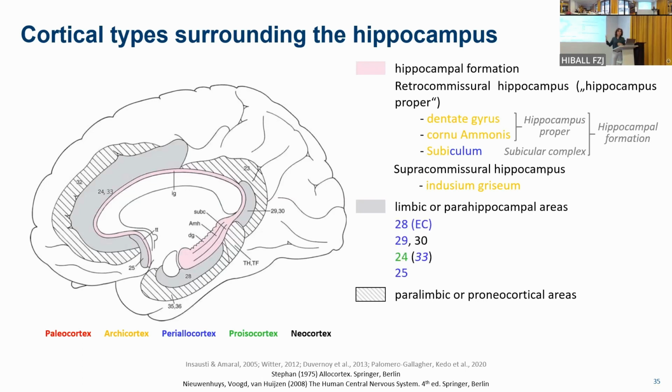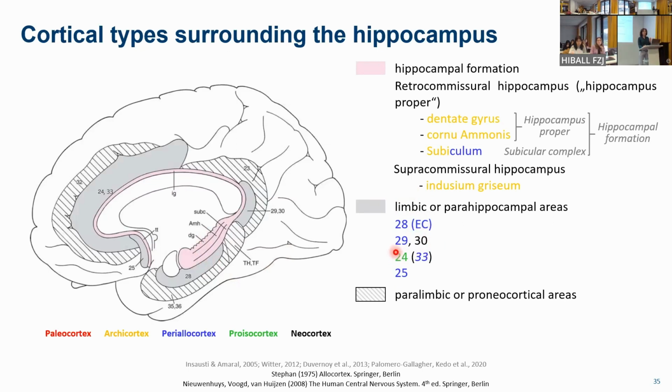Then we've got the limbic or parahippocampal areas, and here we've got area 28, which would be the entorhinal cortex, and is periallocortex. It is in direct contact with the hippocampal formation, but area 28 is periallocortex.